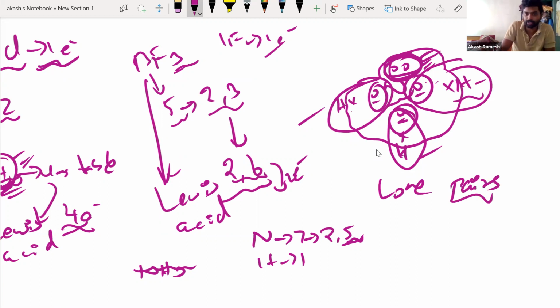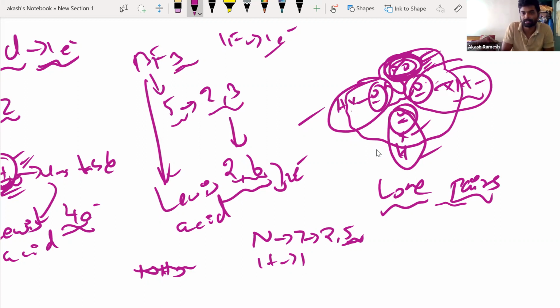From the name, it's a pair of electrons and it is alone because it is not shared. These 3 electrons are shared with hydrogen, but these 2 electrons are not shared with any other species. It is there only along with nitrogen in the valence shell. So these are what are called lone pairs of electrons.